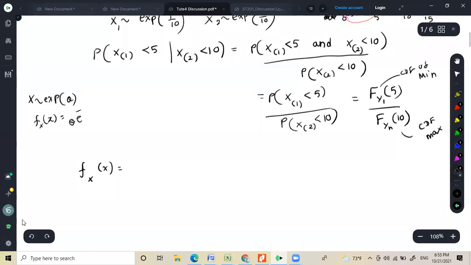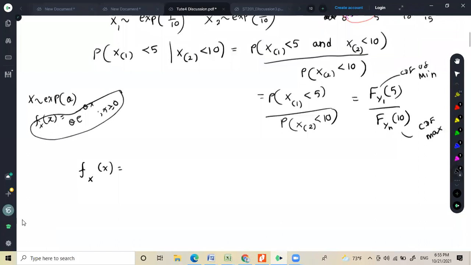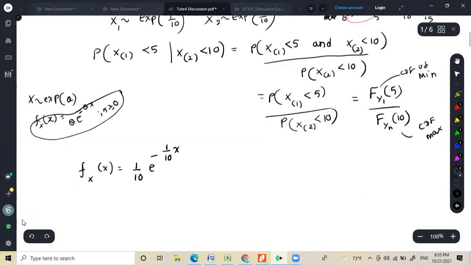Theta e to the negative theta x. This is the PDF of the exponential density, and this will be given to you, so you don't have to memorize it. In our case, the parameter is 1 over 10. So I'm going to write f(x) as 1 over 10 e to the negative 1 over 10 times x.